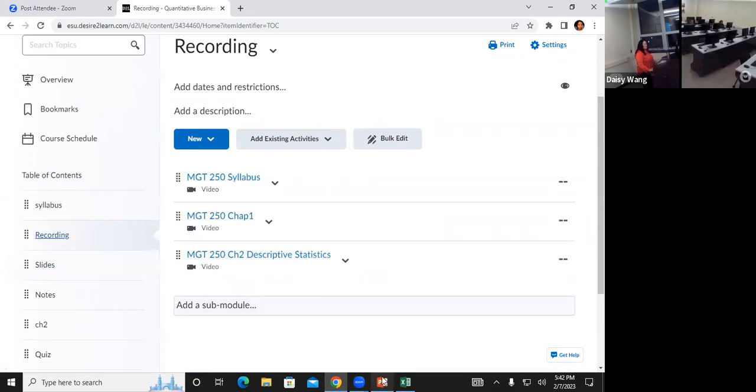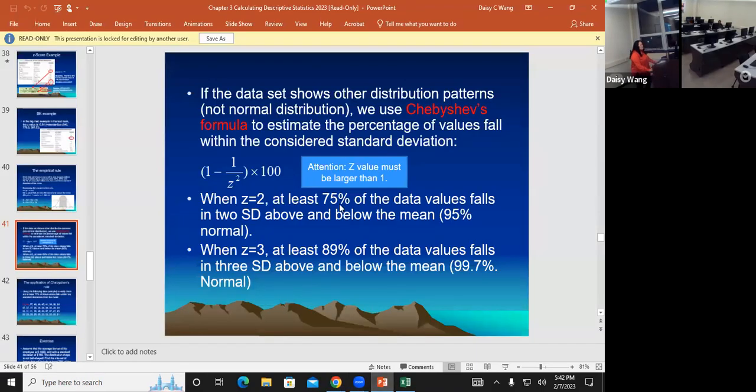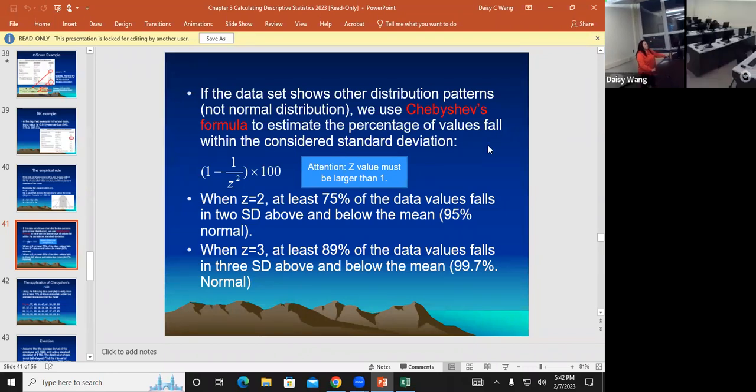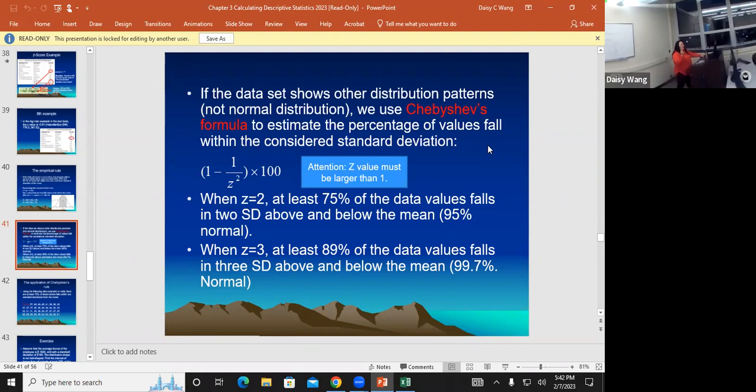Yeah. So in this data, they have a different pattern. That's what we call the Chebyshev formula. It uses a very rough formula to estimate the percentage of values that would be within certain standard deviations.